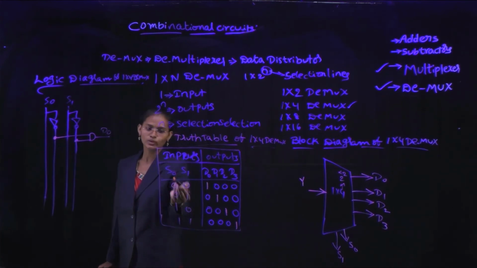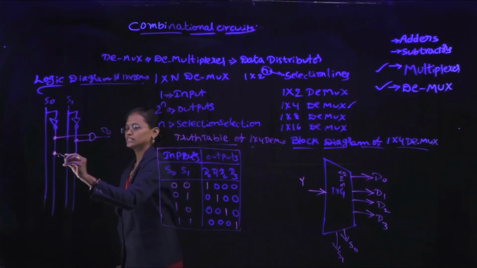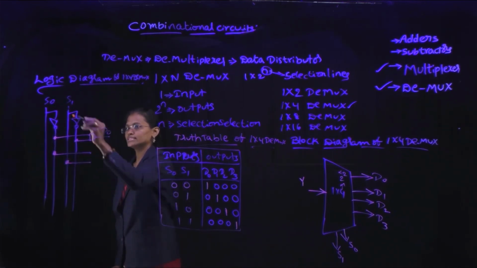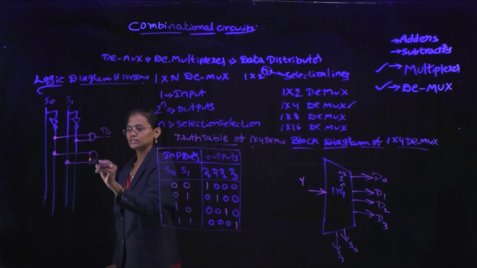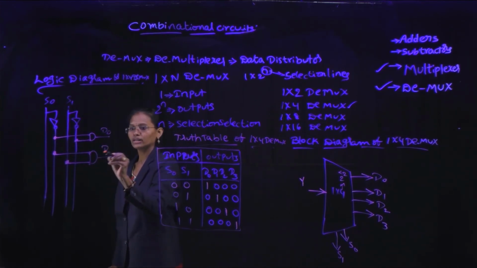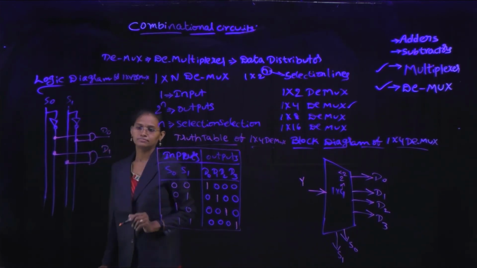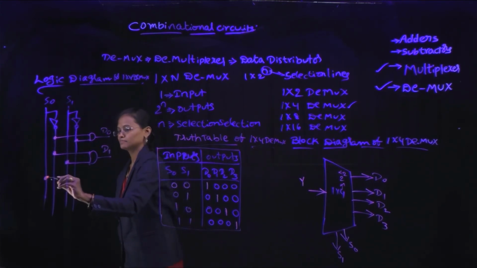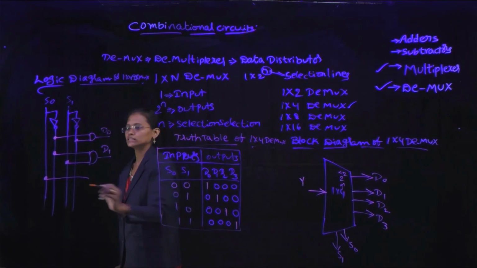And next S0 is 0, S1 is 1. This is one line and this is the output for D1. And next S0 is 1 and S1 is 0 and this is the D2 output.